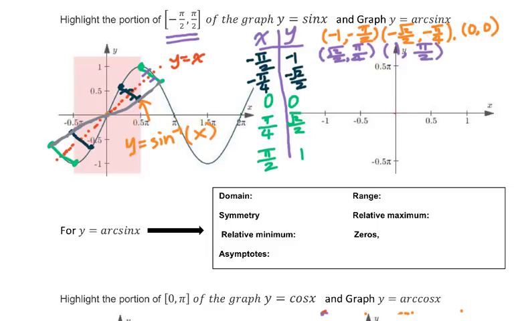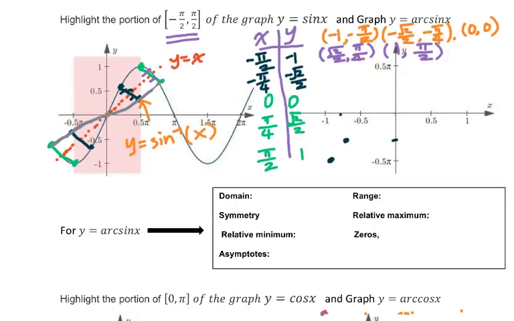So let's plot these points. We have negative 1, negative pi over 2. Negative square root of 2 over 2 is about negative 0.7, so it will be about half of this.